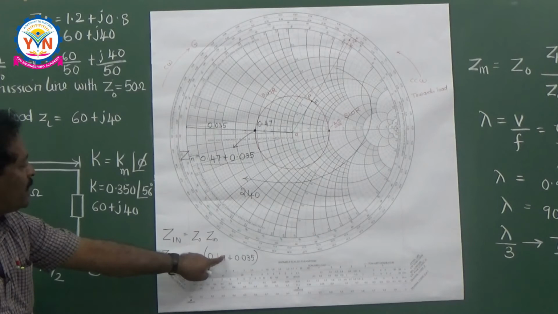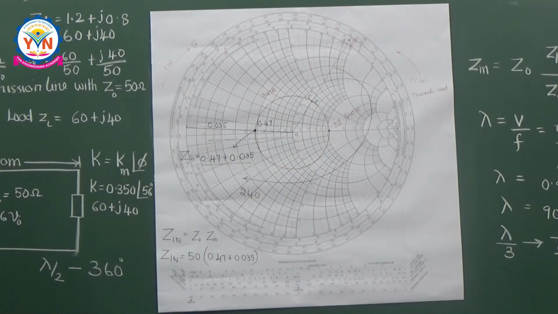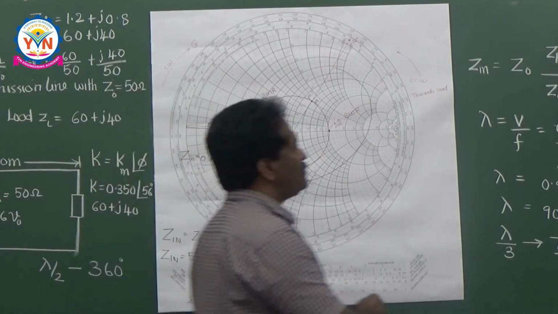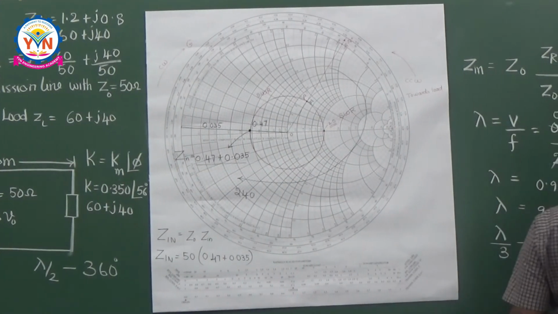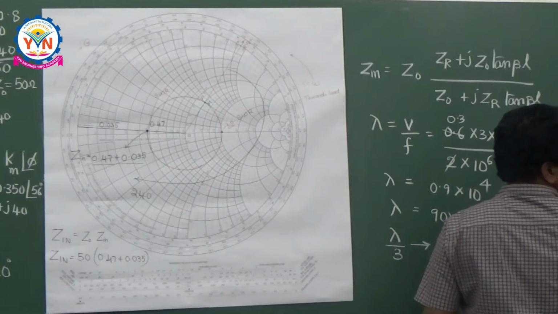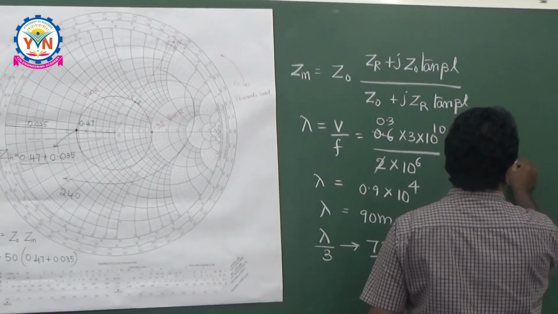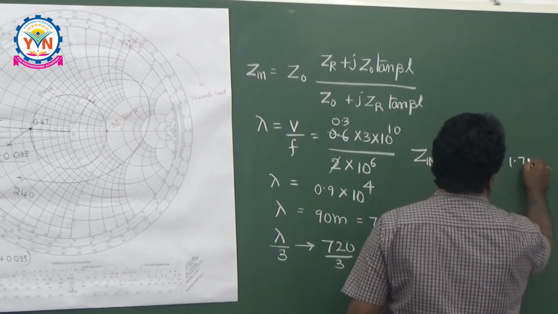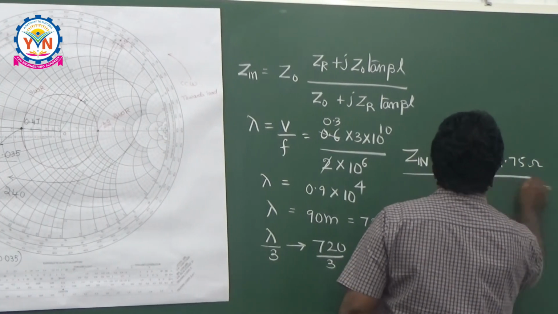If you calculate, from your chart Zn is equal to 23.5 ohms plus j 1.75 ohms. Friends, this is from the chart.